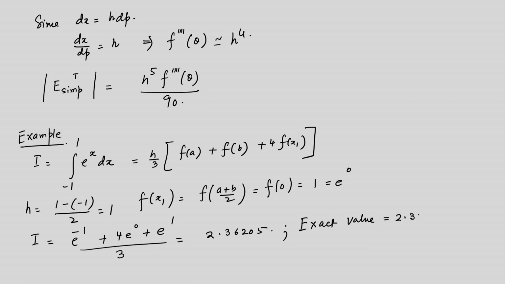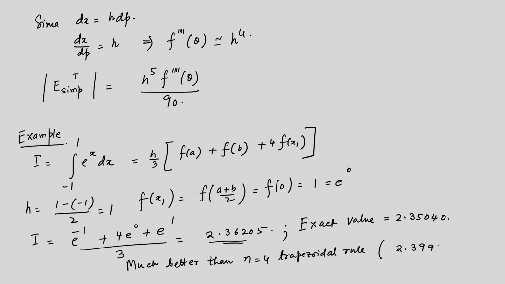So the exact value of this is equal to 2.35040. So if you look at it, this value here is much better than the n equal to 4 trapezoidal rule, which gave a value which is 2.39917.